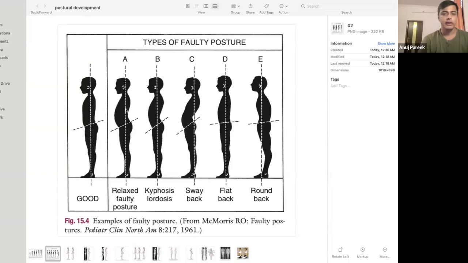Now see, here they are talking about the types of faulty postures. This posture they consider correct because there is only a natural curve in the spine and the hips are not too big. If your hips are too big, what will happen? You will create a lot of pressure on the lumbar region.